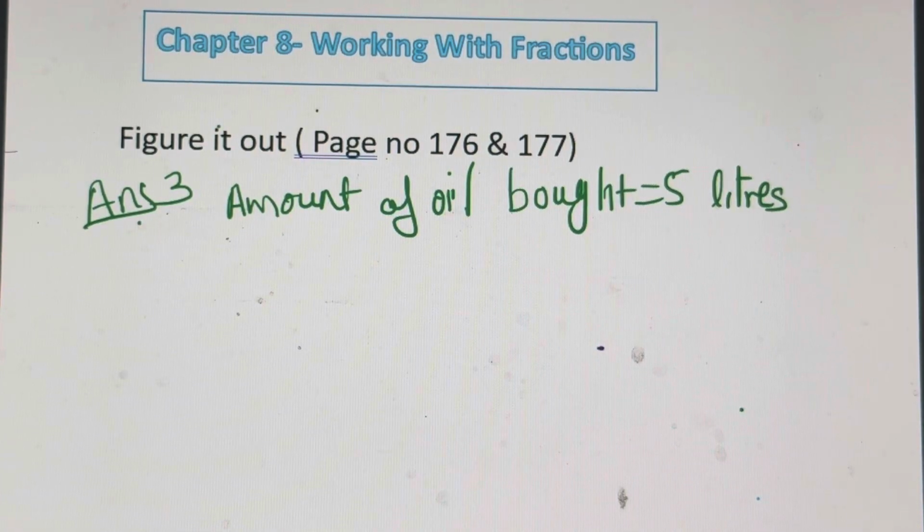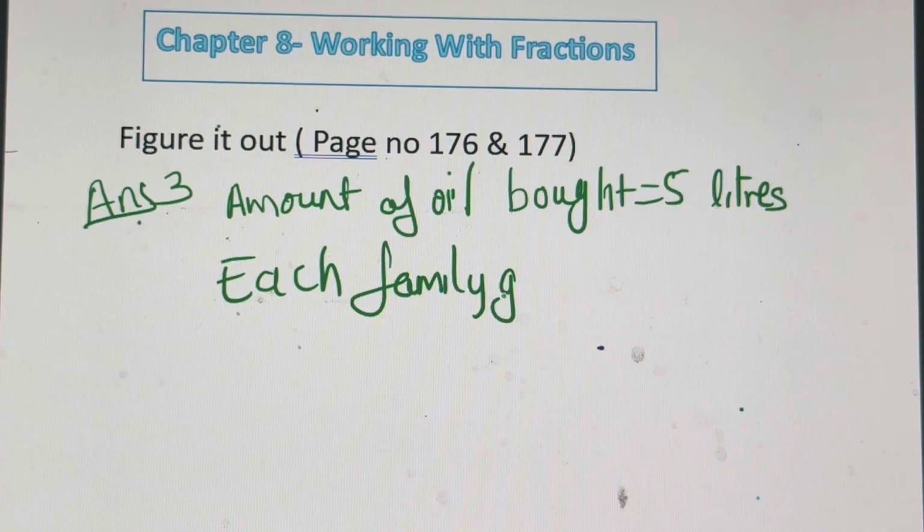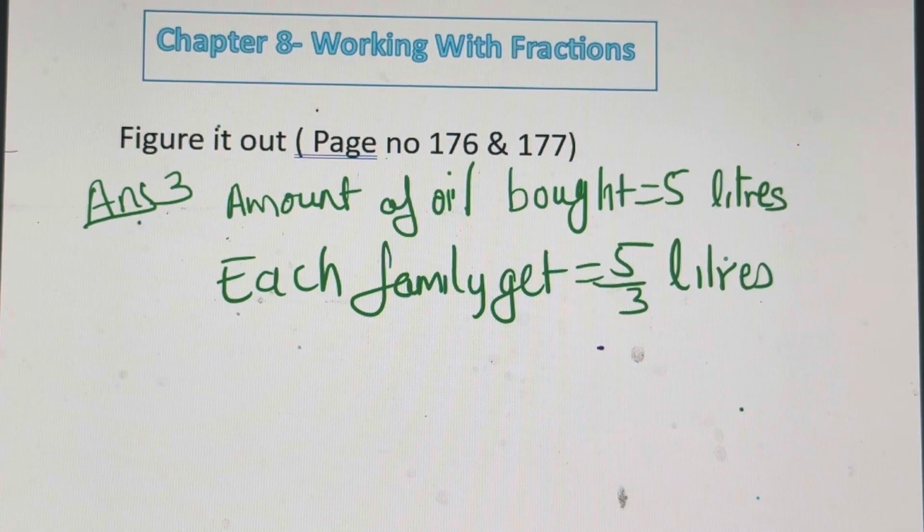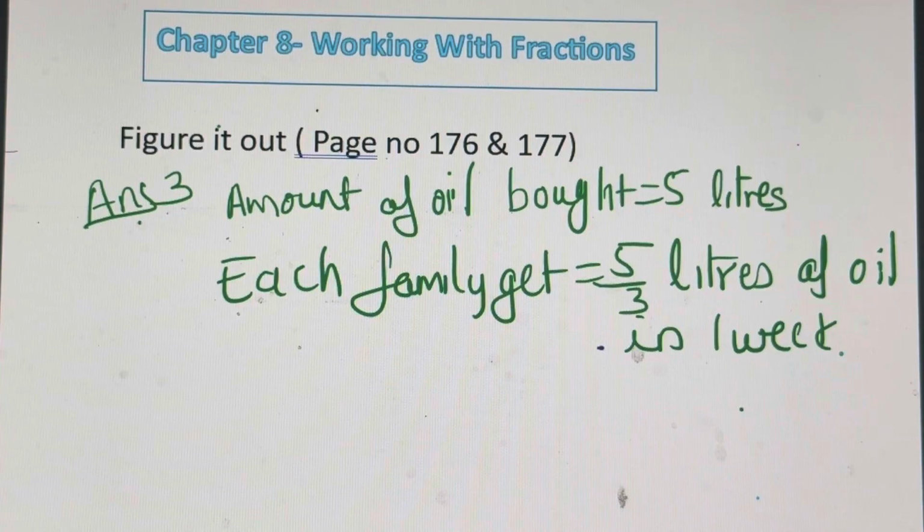And it is divided among 3 families. So each family, 5 divided by 3, right? Each family gets 5 by 3, 5 divided by 3 liters of oil in 1 week, right?